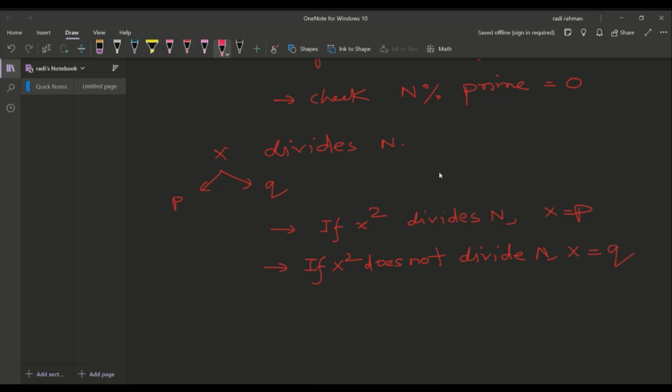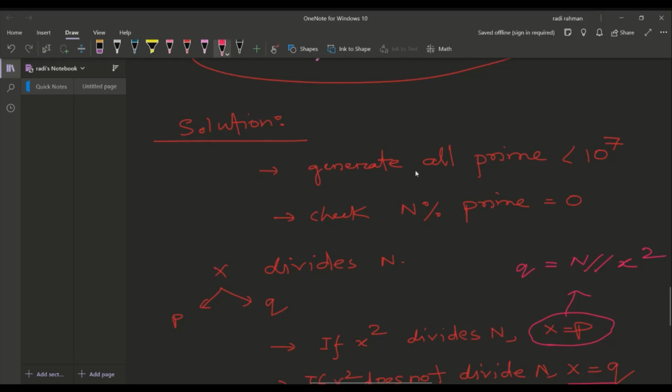So for this case, where x is equal to p, that means x square also divides n. That means your q will be nothing but n divided by x square. But if this is the case, that x is equal to q, that means x square doesn't divide n. That means your p will be square root of n divided by q.